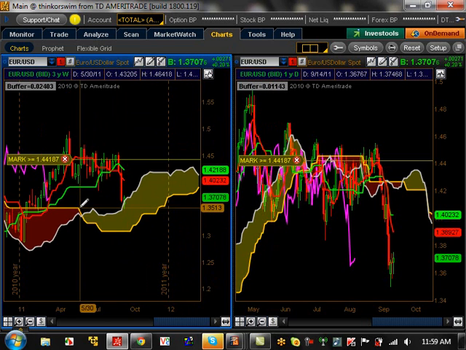We're basically ranging from 1.3513 to about 1.5000, which is a huge range for the EURUSD, and this is pretty much due to everything that's going on in Europe. So there's no trend on the weekly time frame at all.